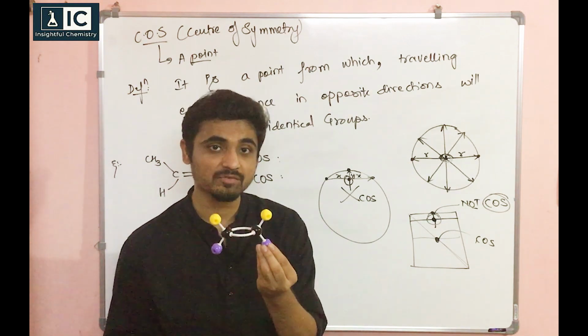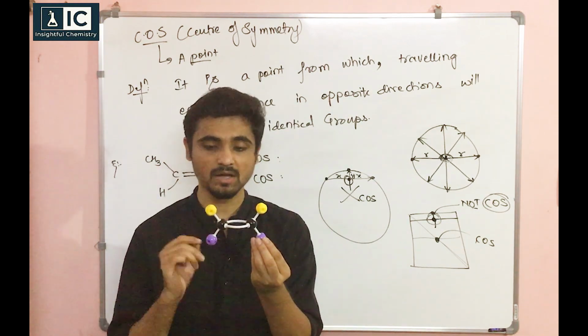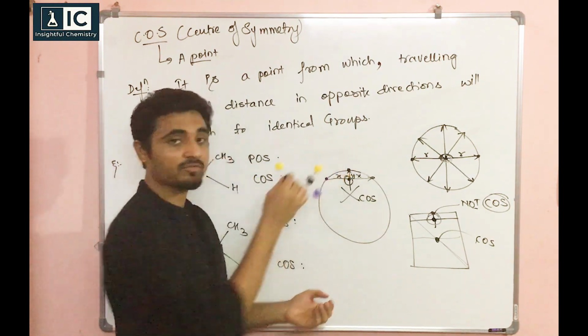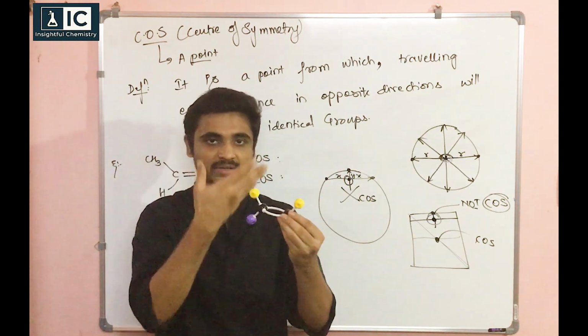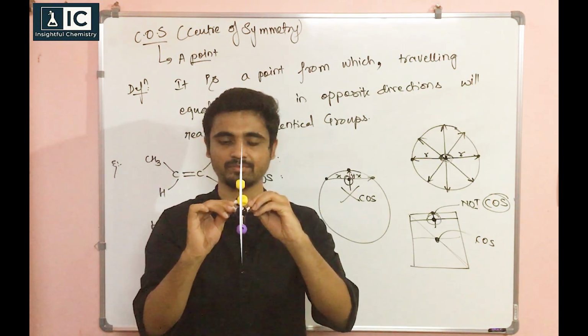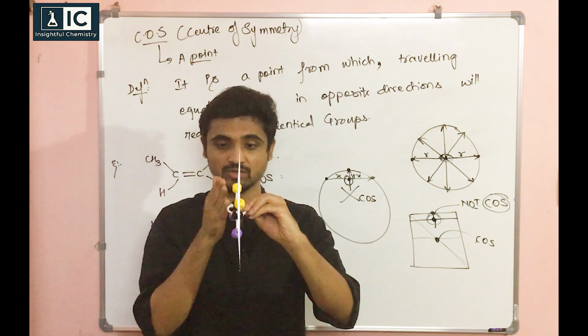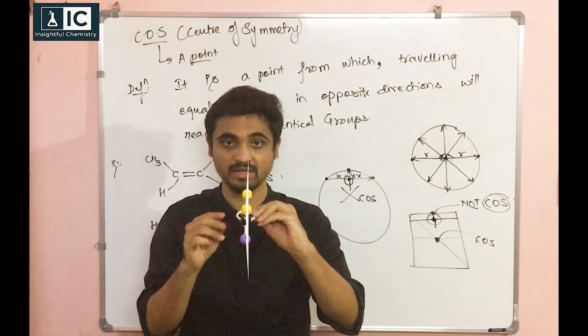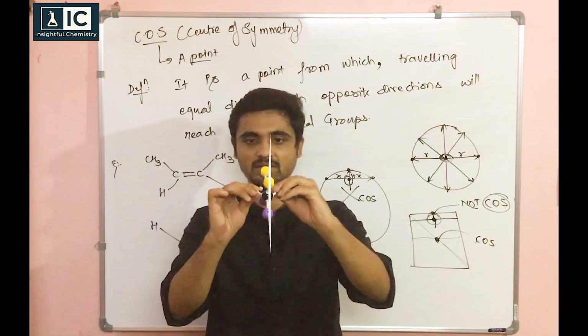Is there any other plane of symmetry we can imagine? Yes. Now this is a planar molecule, meaning if I put this in the plane of the board, so this will come inside that, right? So now you see this plane of symmetry is cutting this in half, exactly half. Can you see this?